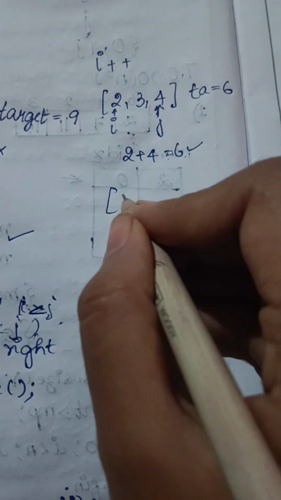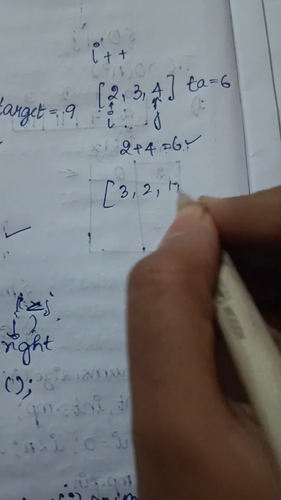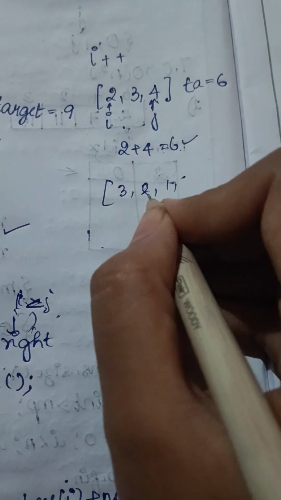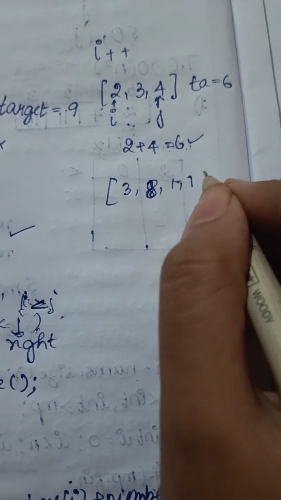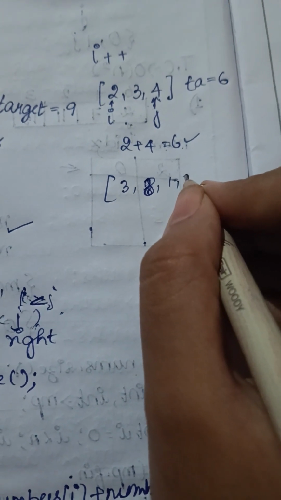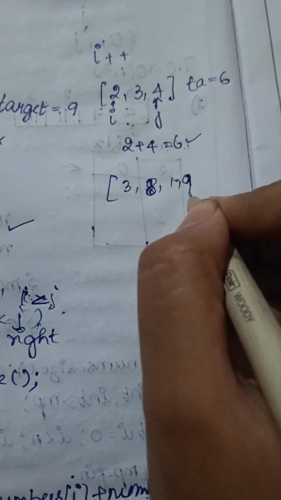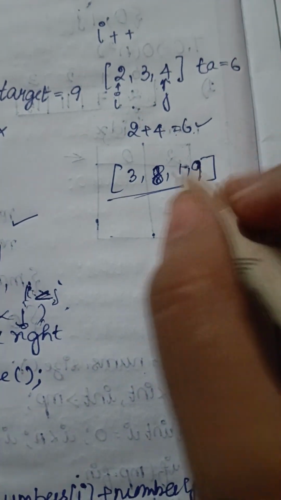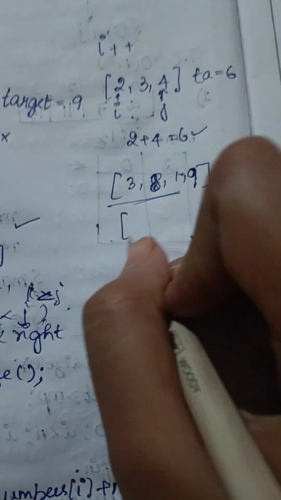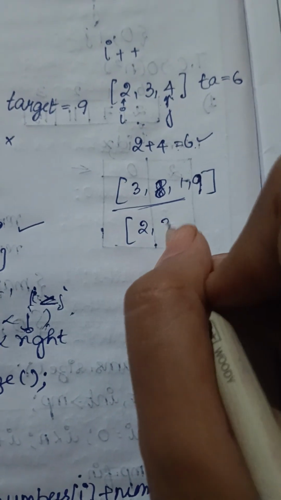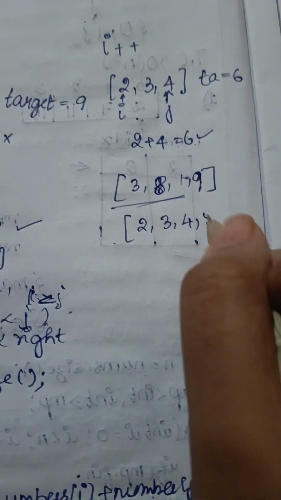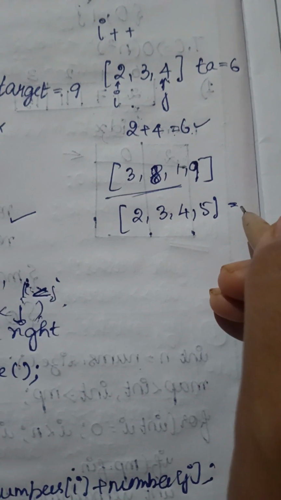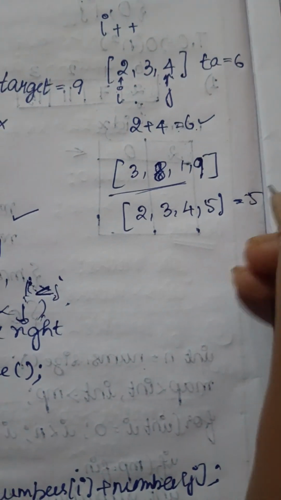So let me take 3, 2, 1, 8 and 1, 9. Consider this as simply sorted; it is not actually sorted. Let me take 2, 3, 4, 5 and my target is 5.